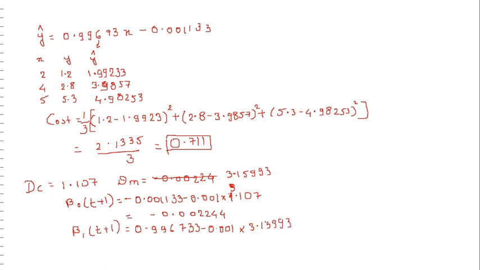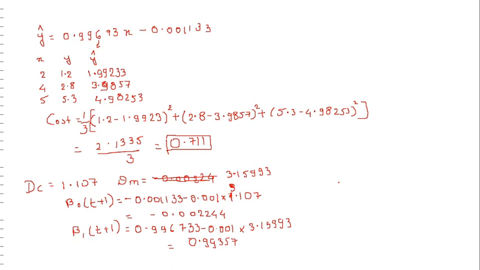After solving this, what we get is 0.99357. Just by mistake I had written the wrong value. So actually after computations I got DM as 3.1993, so the same value I have put over here and I got the correct new value for m.